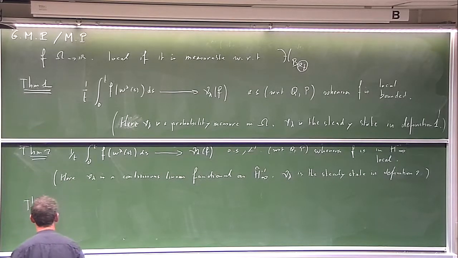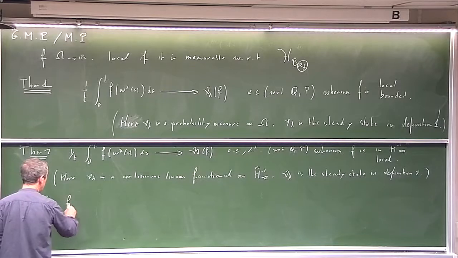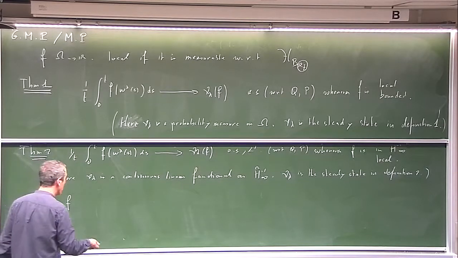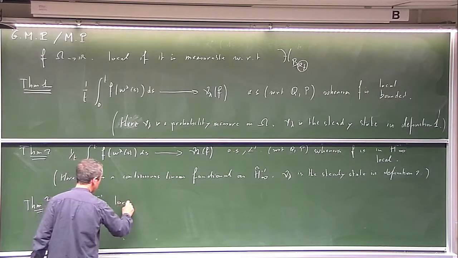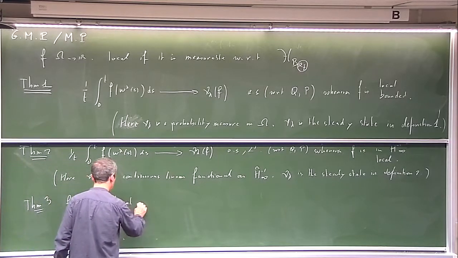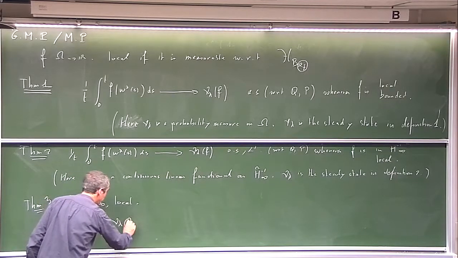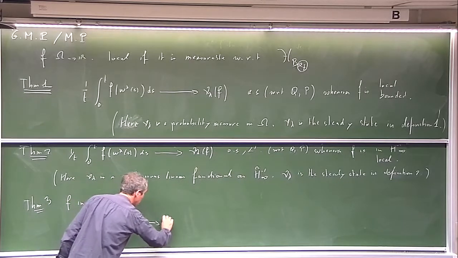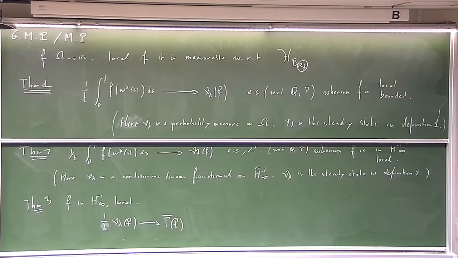So, I'm writing the statements the way they are proved, and the way it's proved is for an f which is in H minus 1 infinity and local. So like here. And then the statement is the fact that 1 over lambda, nu lambda of f converges to this gamma bar of f that it should be.